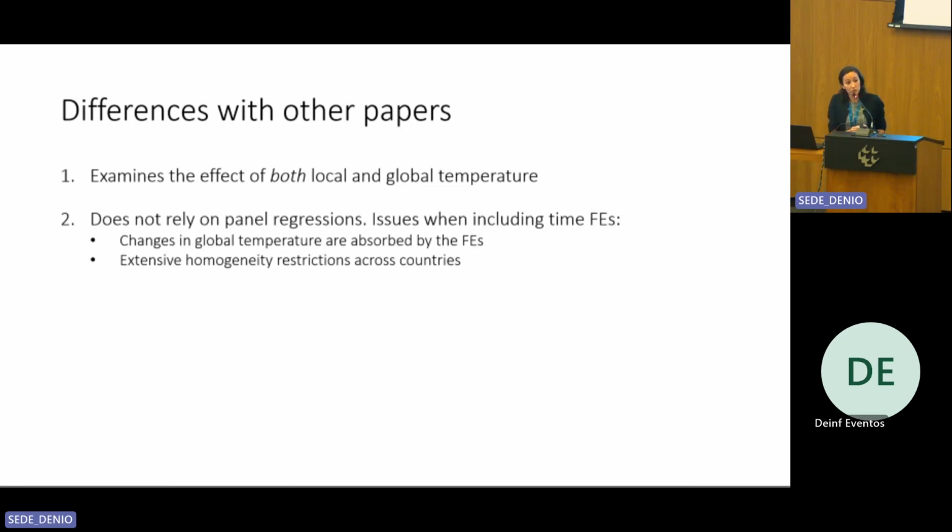This paper does not rely on panel regressions. And as they say, there are some issues when including time fixed effects when you use variation across countries. The first issue is that changes in global temperatures are going to be absorbed by the time fixed effect. And the second is that if you impose a time fixed effect, you are imposing a lot of homogeneity restrictions on the data across countries.